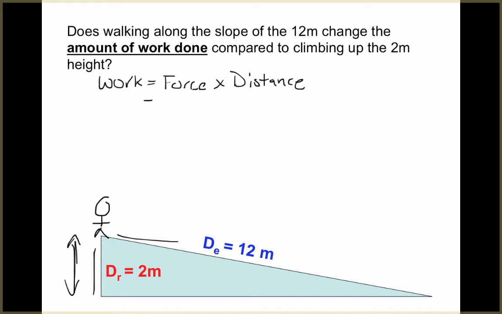So in the case of the work that we're calculating here, this is the force of gravity. Now, the distance, since we're talking about the force of gravity, has to be also a vertical distance. So we can call this the height too. So this is the height.